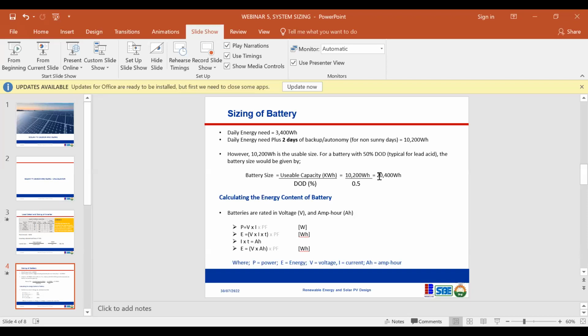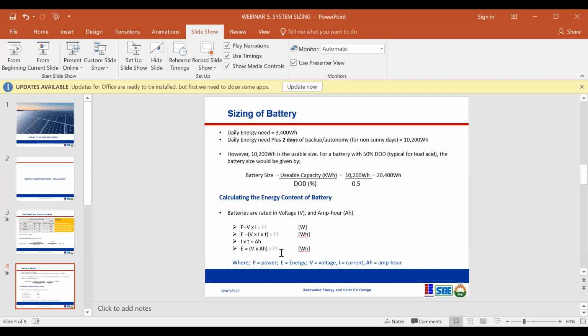But if you're buying the normal battery that has car configuration or car shape, what you're going to see is amp-hour and voltage. So if you go to the market and you see a battery that's rated in voltage and amp-hour, how do you calculate the amount of energy that battery contains in terms of kilowatt-hour or watt-hour?